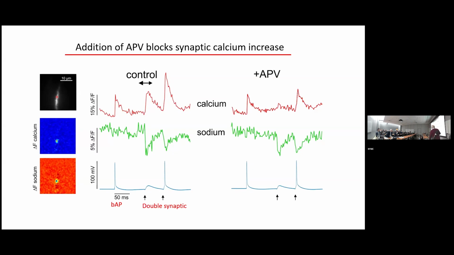We can see that because the sodium change does not change very much at all when we put on APV. On the other hand, the calcium change, the synaptic calcium change, is almost entirely blocked. This remaining calcium change is due to the action potential and not due to the synaptic response. There is a little bit of a calcium change that's due to voltage-dependent calcium signals.